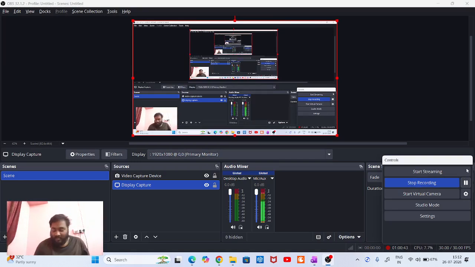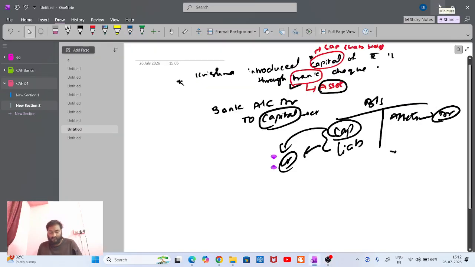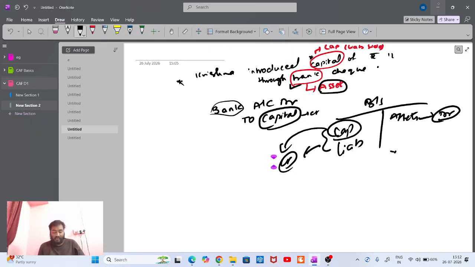Since capital is the credit balance, we credit the capital account. Bank is a debit balance, so we debit the bank balance in order to increase bank account value, which is an asset value.